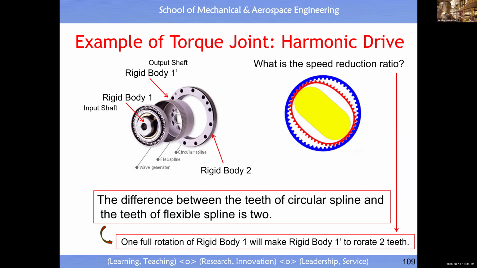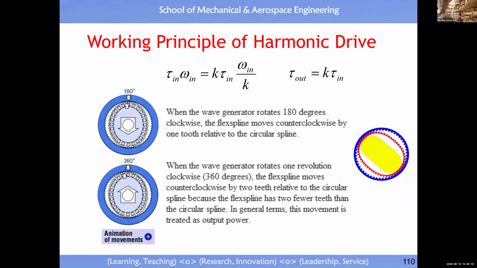If the difference is 2 teeth, then the relative motion is 2 teeth. One full rotation moves 2 teeth. Based on this knowledge, you should be able to compute or design the harmonic drive with any desired speed reduction ratio. Okay, so this is just for you to know.